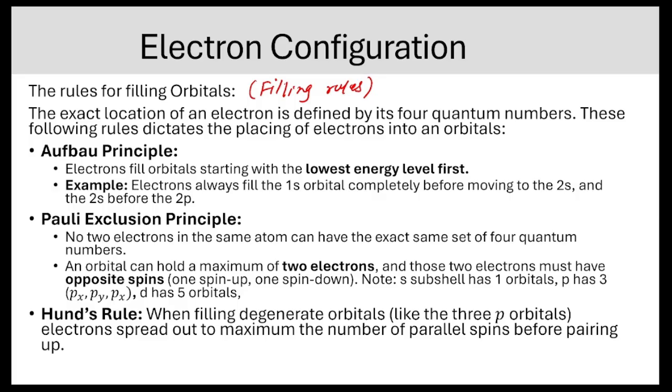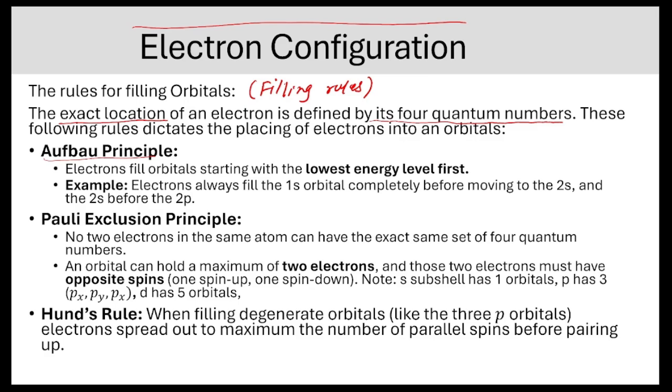This will give us the exact location of electrons, and this exact location is defined by four quantum numbers. The first fundamental rule we need to follow is the Aufbau principle, also called the building up principle.